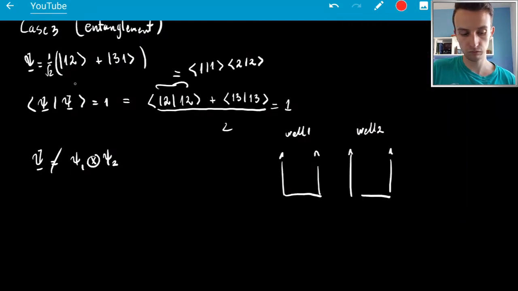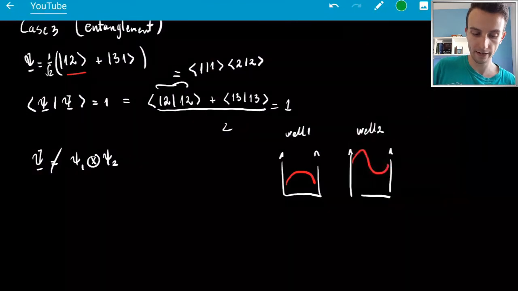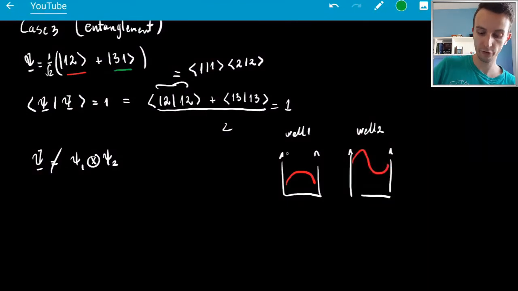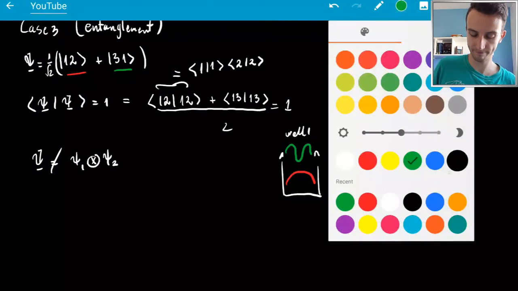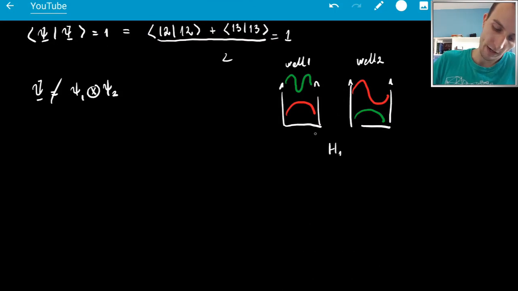Let's do this one. So 1,2 looks like this, and then 3,1 is this one. And now we measure H1.